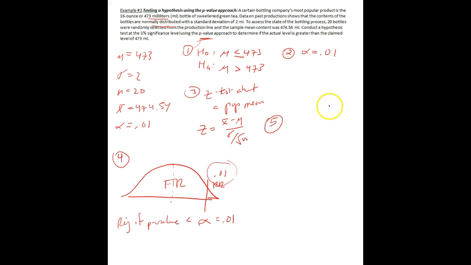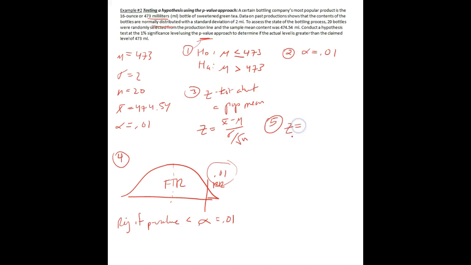So step 5 is where we gather our information and we calculate our test statistic. In this case, we're going to be calculating our test statistic and then obtaining our p-value. So we just use the formula from step 3, and here we go.